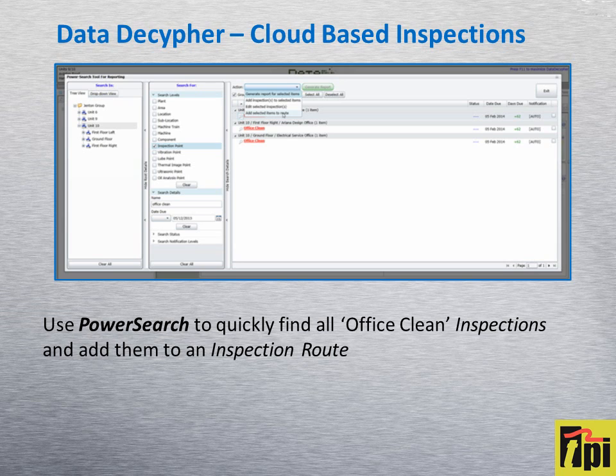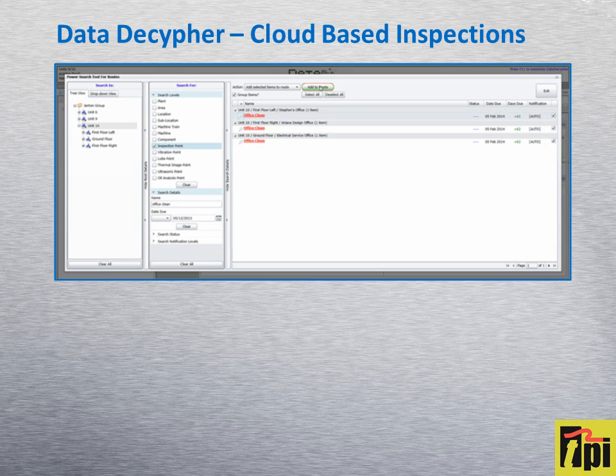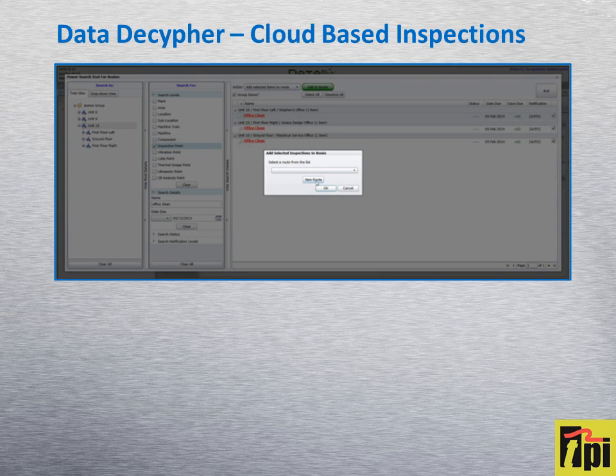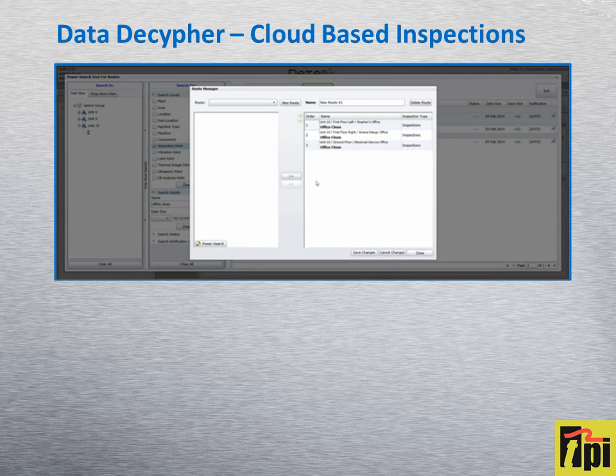So here we are, for example, we're going to select these Office Clean inspections that have been allocated to Unit 10, various offices, and they're going to be added to a route, and we're giving it a name, and this would then put it into our list of routes that we could then select from if we wanted to give this to someone in particular that was going to go out and make the inspection.